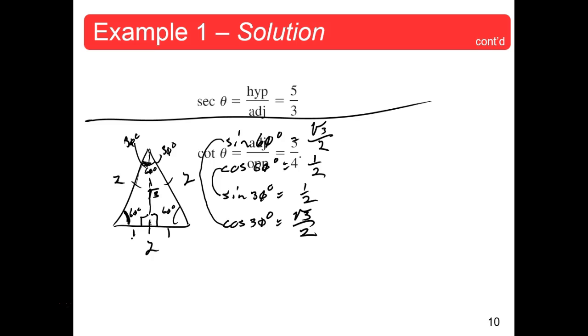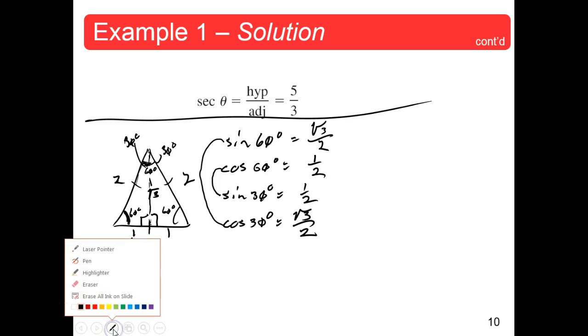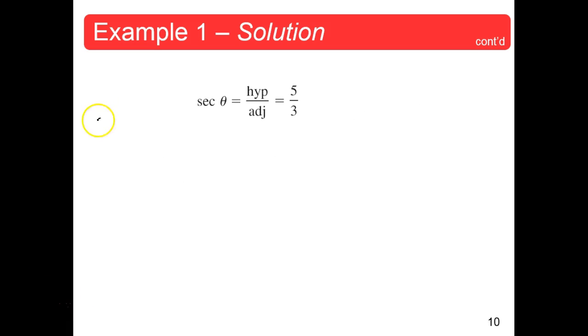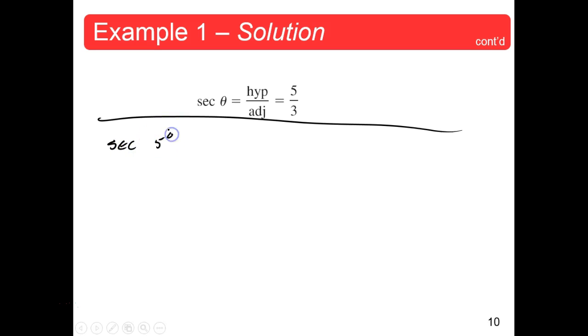Okay, so let's do example 4, I think it was. Use a calculator to evaluate the secant of 5 degrees 40 minutes and 12 seconds.